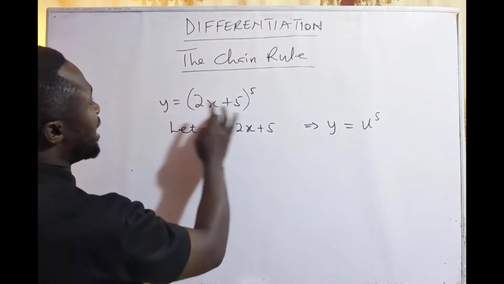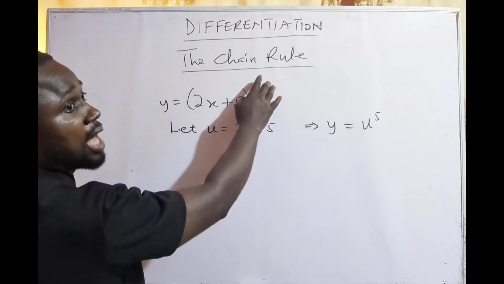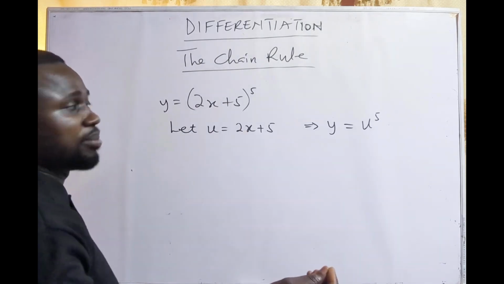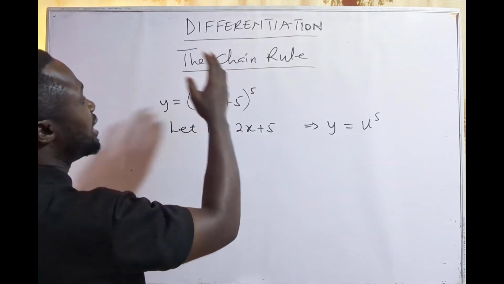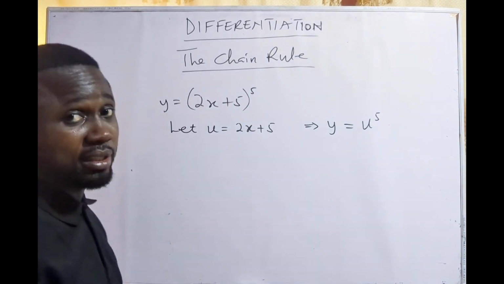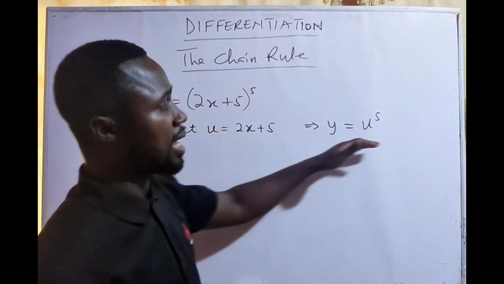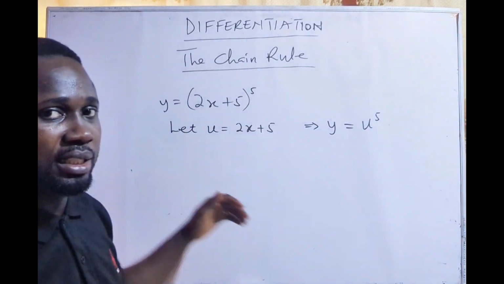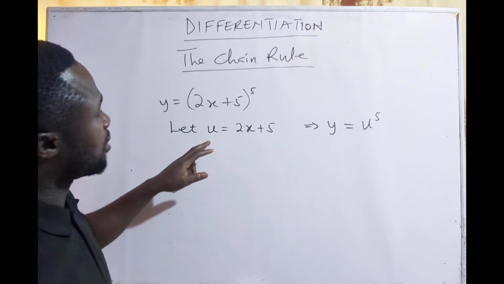You differentiate this as one term where its exponent is 5, and after you are done with that, you differentiate what is in the bracket and multiply. That is how we come by the chain rule.